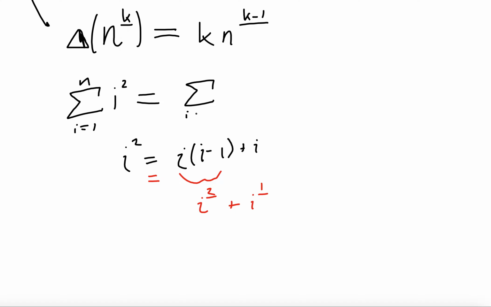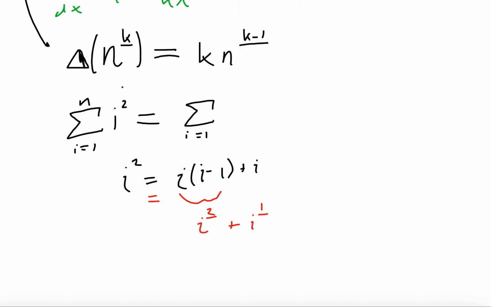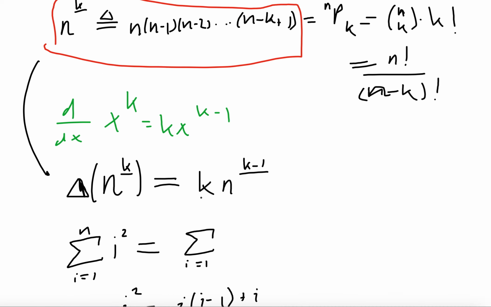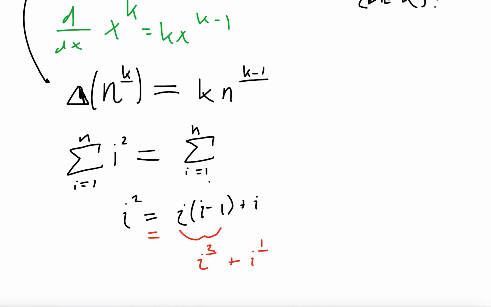This is way more friendly for us because we know that we can apply the power rule in reverse when we take the delta for the fundamental theorem of discrete calculus. So we have the sum from i going from 1 to n of i to the falling 2 plus i to the falling 1. By the fundamental theorem of discrete calculus, we can take the indefinite integral of the falling powers as the delta in reverse, the delta inverse, if you will.